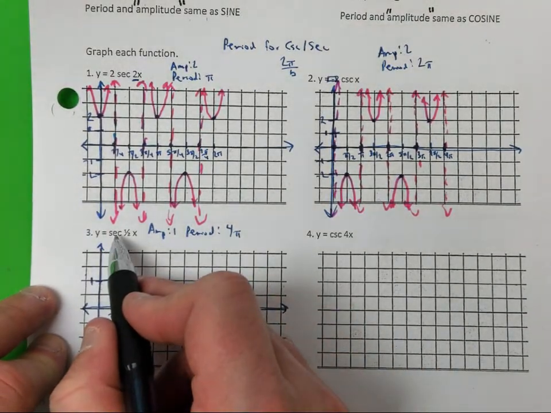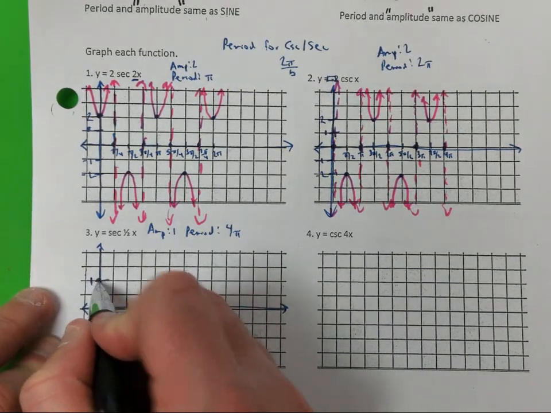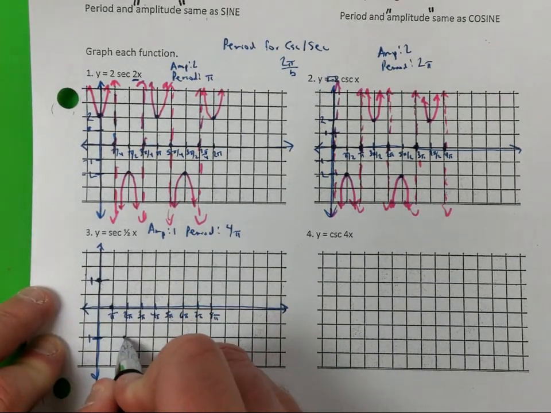Secant is related to cosine, so it starts up here with an amp, and put a dot here, dot here.